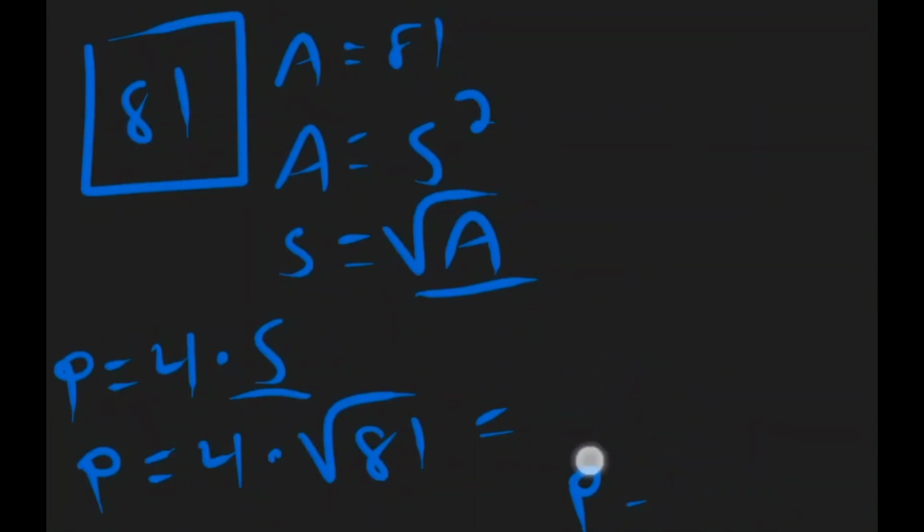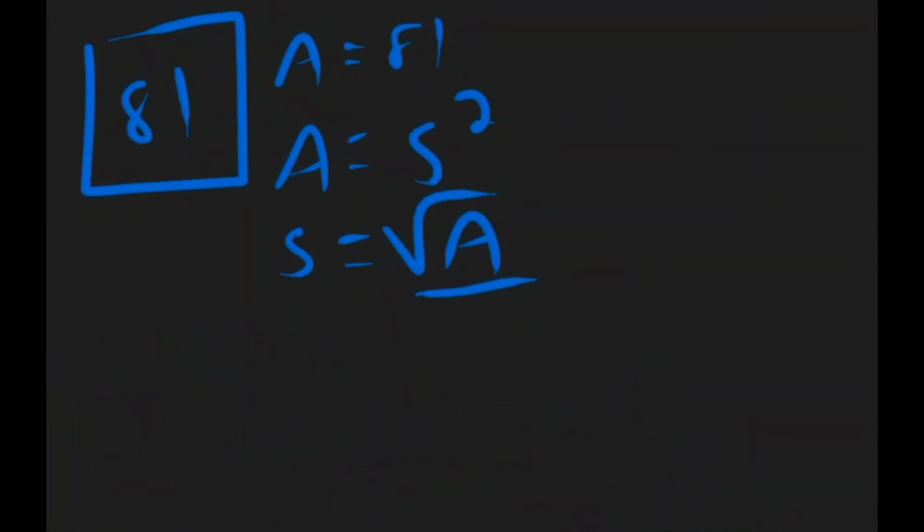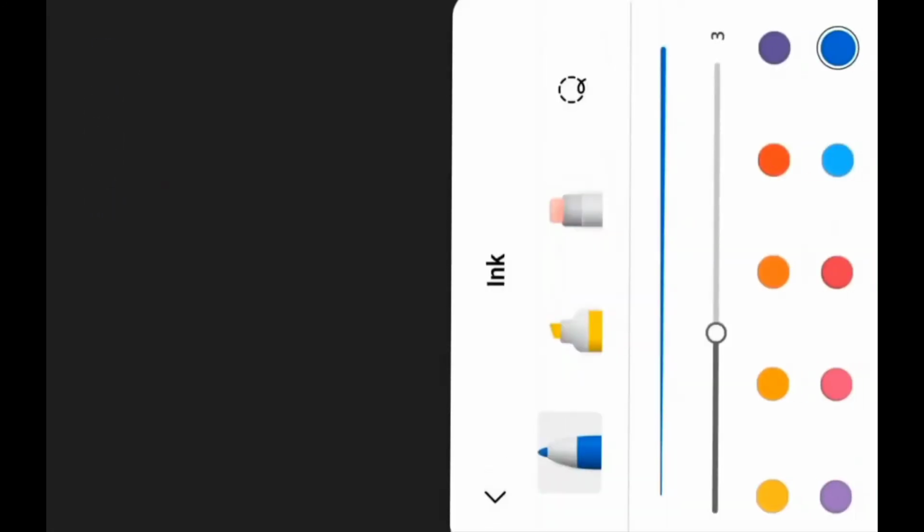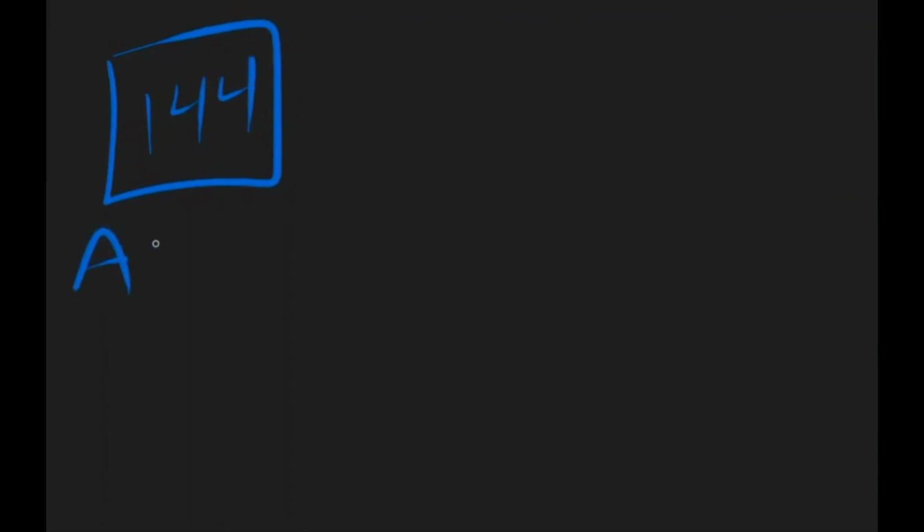We'll run through one more problem like this to make sure it makes sense. So for the next problem, we're going to say the area of this square is 144. So the equation area equals side squared.